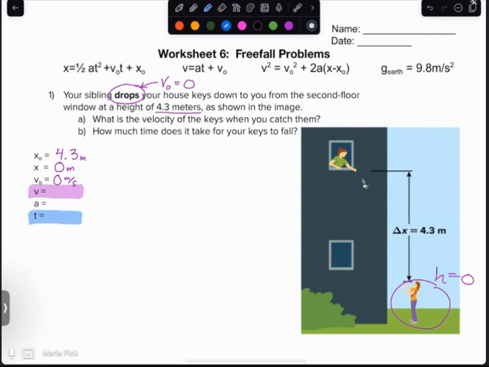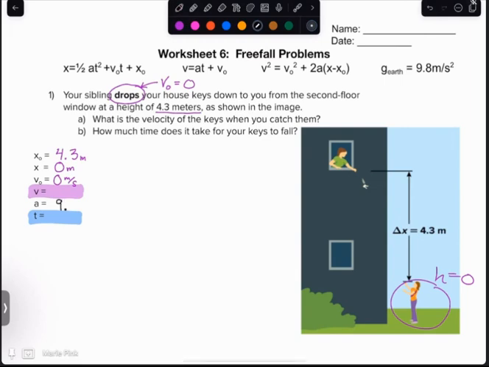Now, the only other thing that I don't know is this acceleration thing. But we just learned that the acceleration of everything in free fall is 9.8. So if you drop anything or you throw anything, this acceleration is going to be 9.8. Now, I just have to take into account which direction it's going to accelerate.